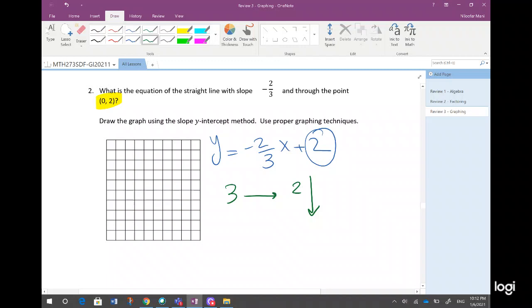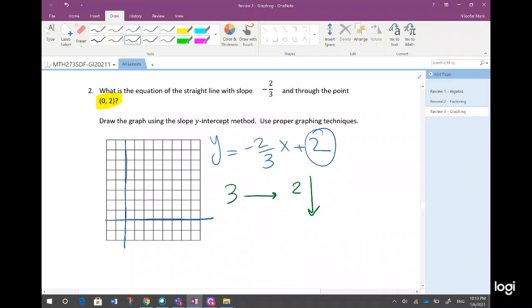Okay, so now let me see. Here, for example, I have this one. Okay, so for example, I need to find 2 points.